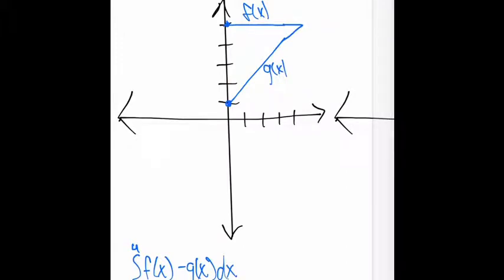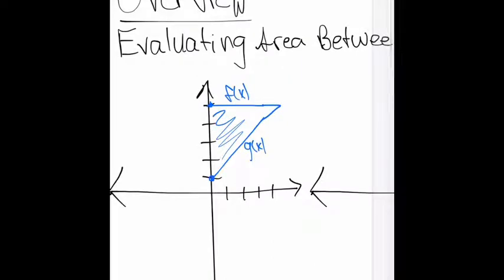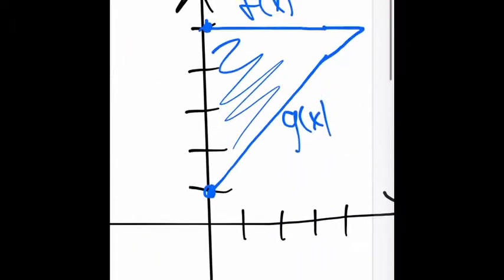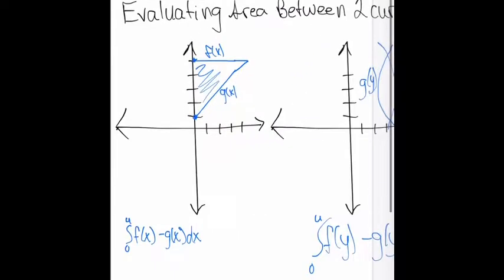That would give you the area of this right here. And it's from 0 to 4 because here you could see the lines are going from 0 to 4.